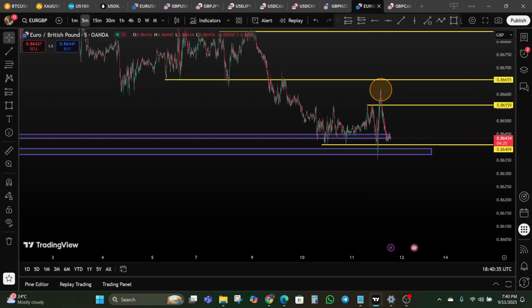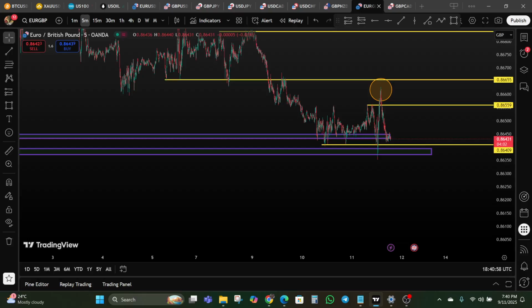The ICT scalping strategy is all about discipline. Instead of entering on every move, you are waiting for liquidity to be taken, watching for institutional footprints, and confirming with structure. This makes scalping less about guessing and more about following a repeatable process.